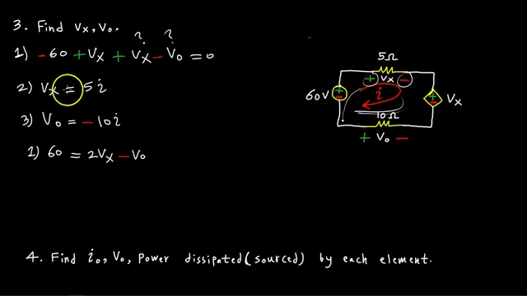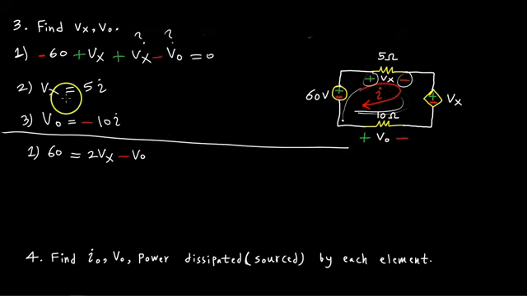Then let me just separate these. Then I have the fact that V0 is this value and Vx is 5i, so I'm going to substitute both of those in there and get that 60 is equal to 2 Vx. Vx is 5i, so that's 2 times 5i, that's 10i.